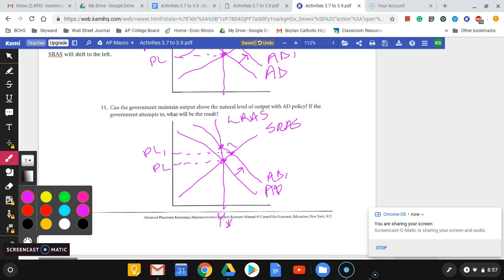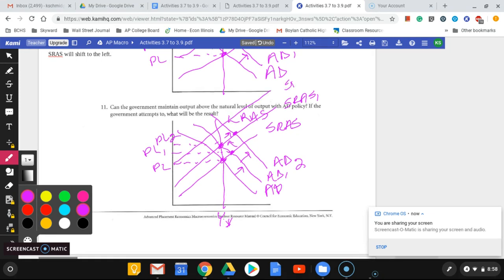So the economy is going to have a tendency, as those negotiations happen, for inflation to continue as workers do negotiate and get that higher nominal wage. So if the government continues with that expansionary policy, so I'm going to move AD2 here, we're over here, so we've gone from here, now we're here.